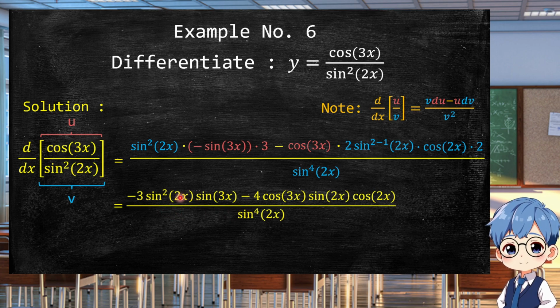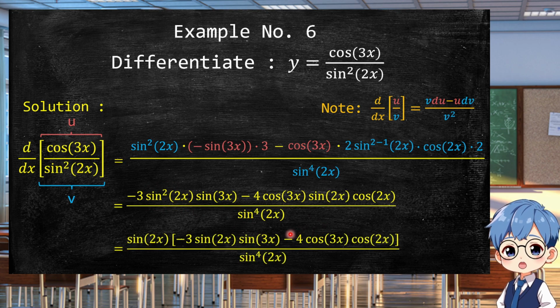So take note, there is a common factor in the 2 terms of the numerator, so both contain sine 2x. So we have sine 2x here and also here. So we can factor out sine 2x. What remains inside are the terms negative 3 sine 2x sine 3x minus 4 cos 3x cos 2x.